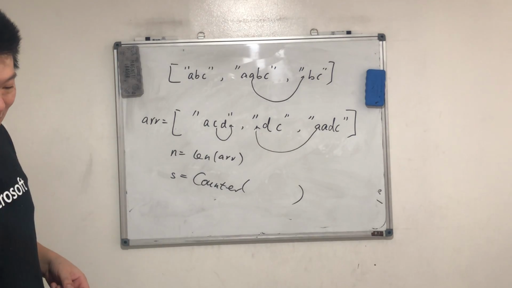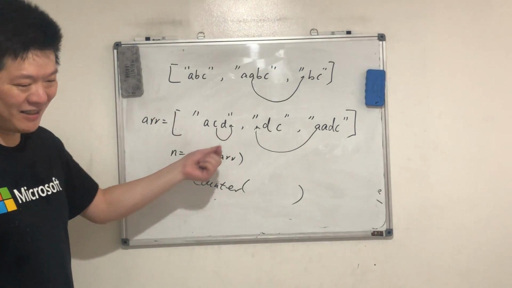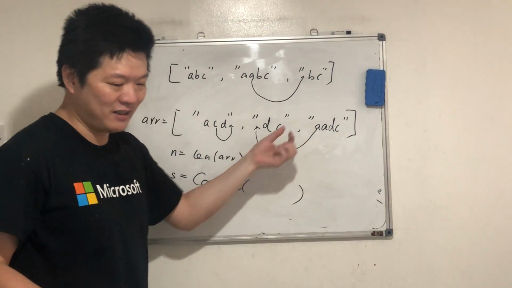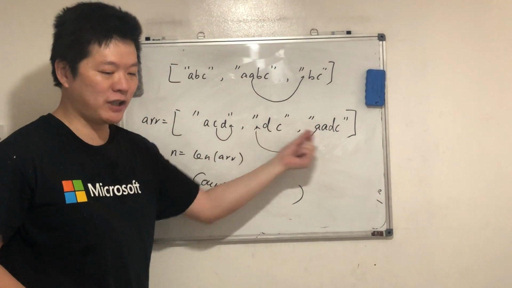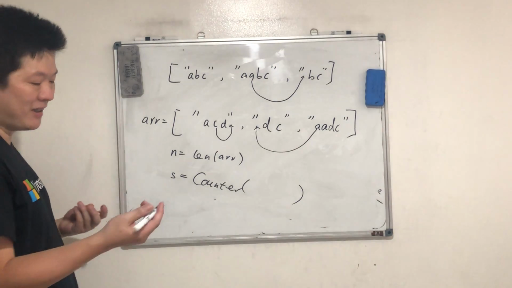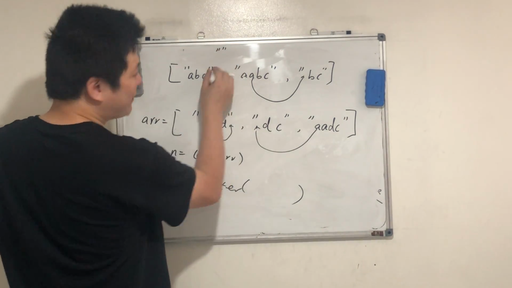You add them together. And how can we put all the strings together? Concatenate all the strings in a list. We use what? Join, well done. So we join with an empty string.